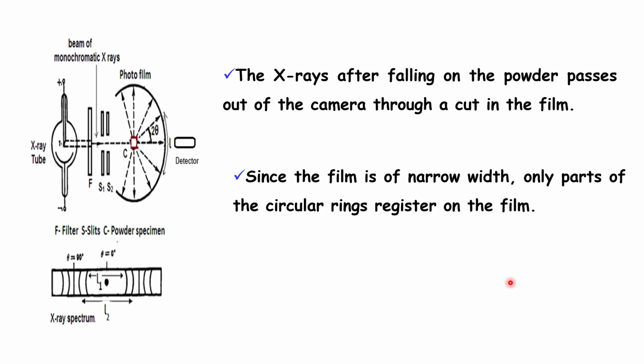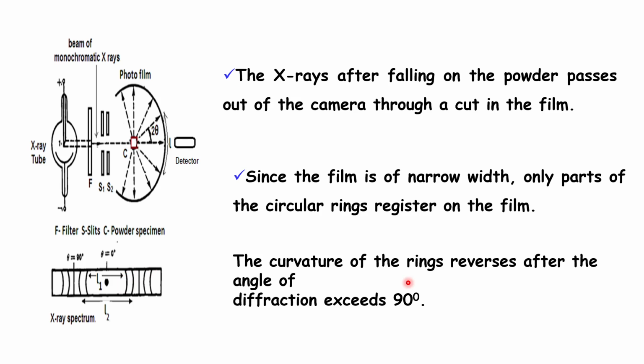Now here the width of the film is very narrow, and due to this only a part of the circular rings is registered on the film. So in this case we can see that only parts of the circular rings are recorded here, and the curvature of the rings reverses after the diffraction angle exceeds 90 degrees.